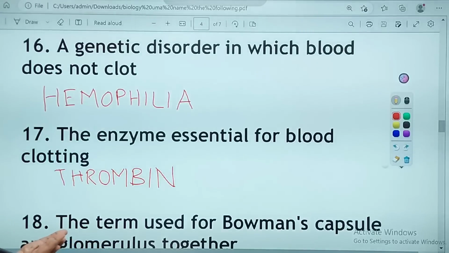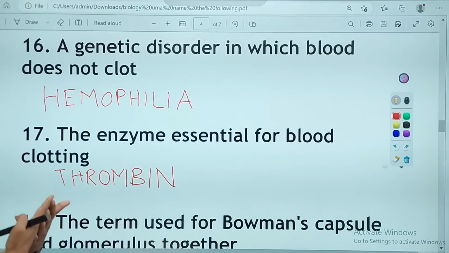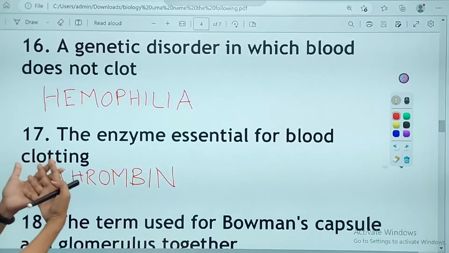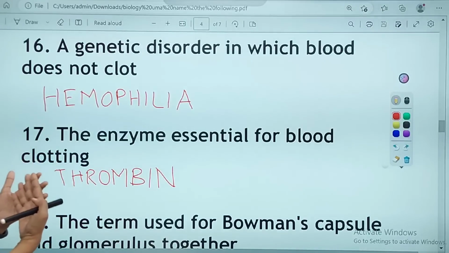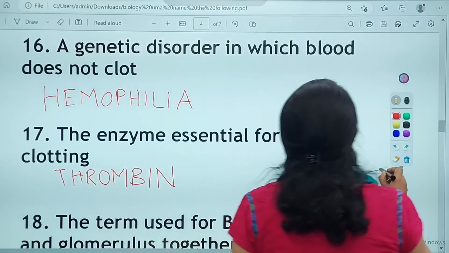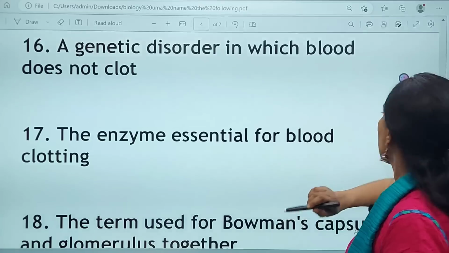That forms a kind of mesh in order to stop the blood flow, the blood cells all go and clog that. It forms a net like this and it clogs that, and that's how clotting actually happens. So you require thrombin in order for your blood to clot. That also happens in the presence of calcium.